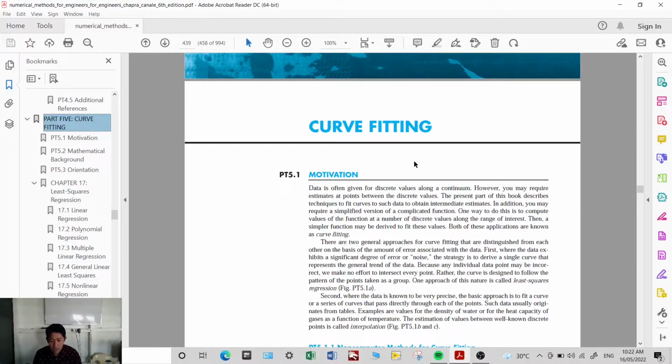So the present topic deals with techniques to fit curves to certain data.